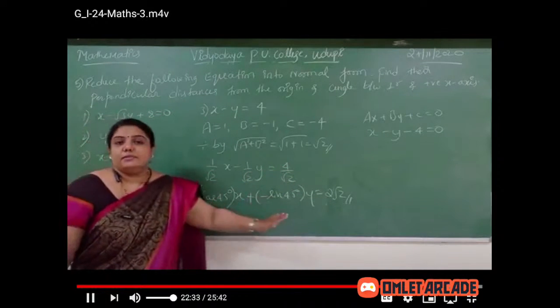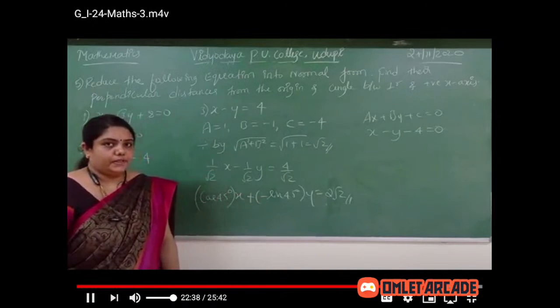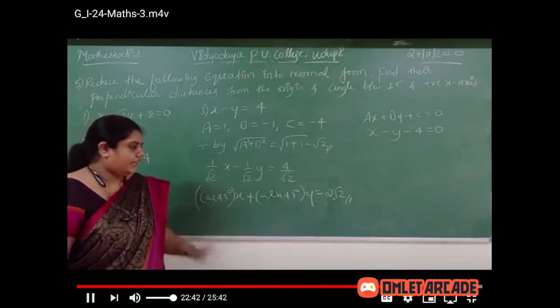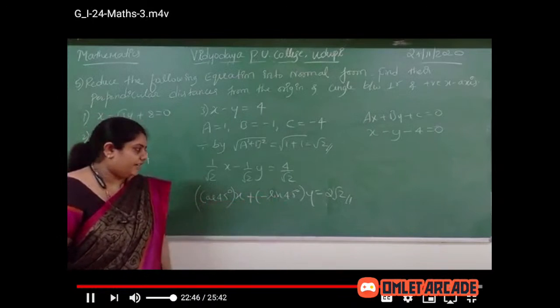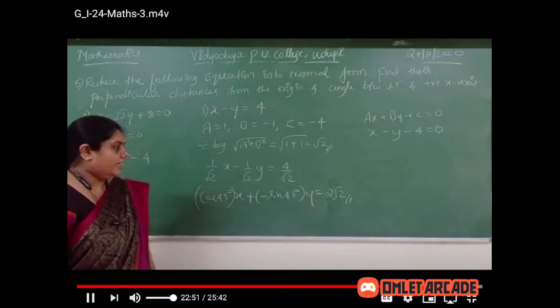But it is not in normal form because of the negative here. I have to remove the negative. Now minus sine 45 and here cos 45 degree. So how to change this minus sine 45? If it moves in second quadrant, you do not get any negative here.